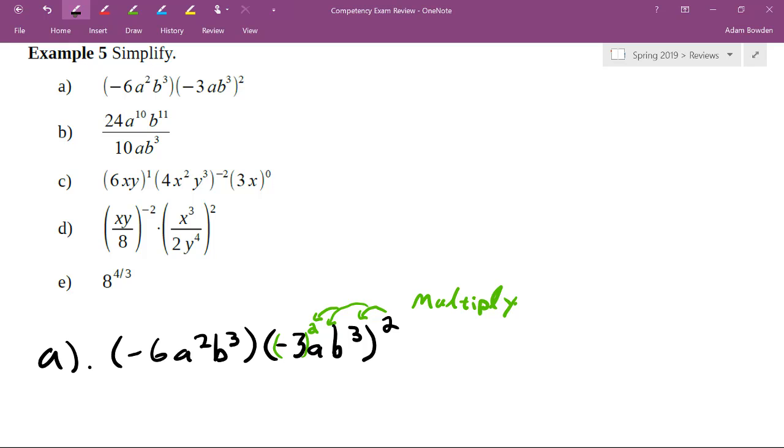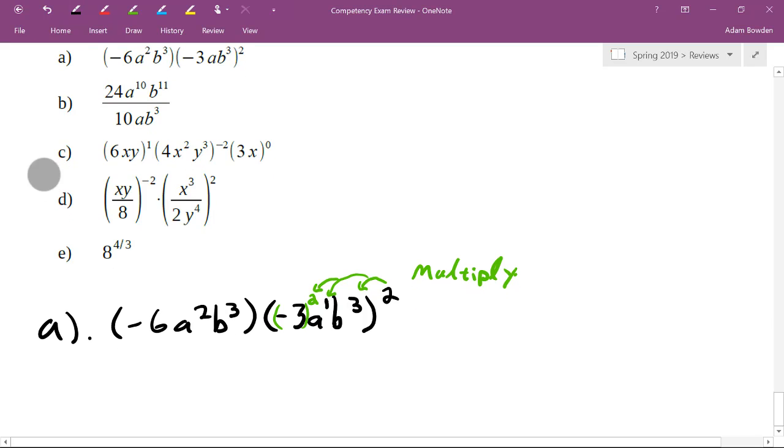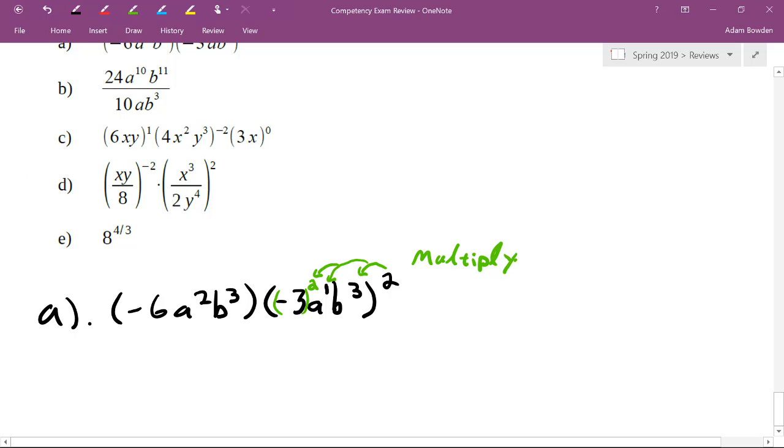We have an a in the middle, technically that's a to the first, and then b to the third, and the powers of a and b are going to get multiplied. So what we're going to get is negative 3 squared, a squared, b to the third times 2. If we square negative 3, it turns into positive 9.